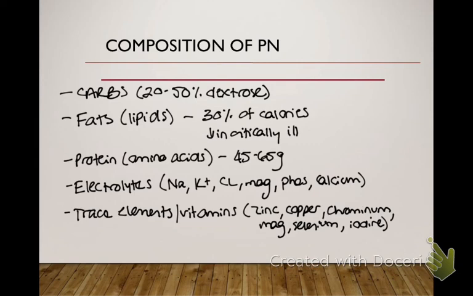Fats. You have all sorts of protein, amino acids. I wouldn't freak too much about numbers. You have all the electrolytes: sodium, potassium, chloride, magnesium, phosphorus, calcium. And then you have a bunch of trace elements: zinc, copper, chromium, manganese, selenium, iodine. So that's why all of these are listed on the bag and how much the patient is getting.